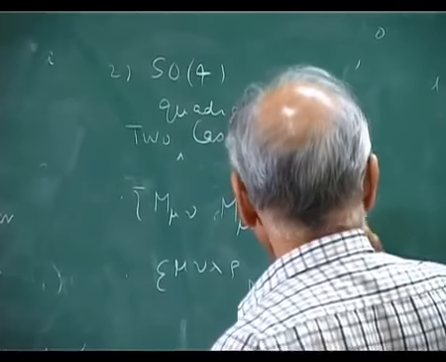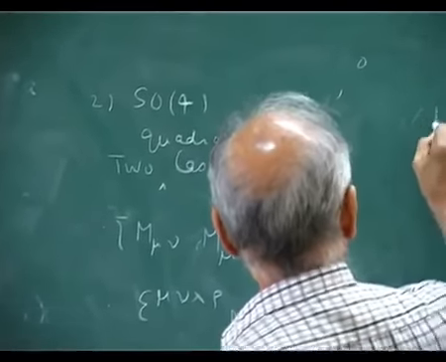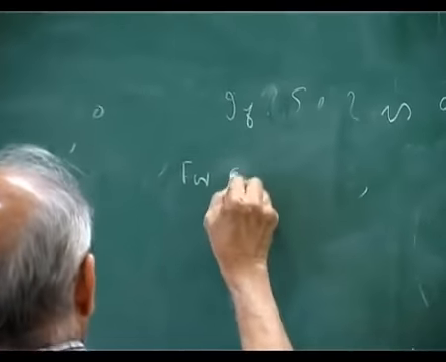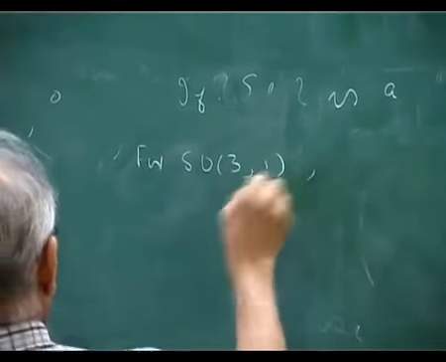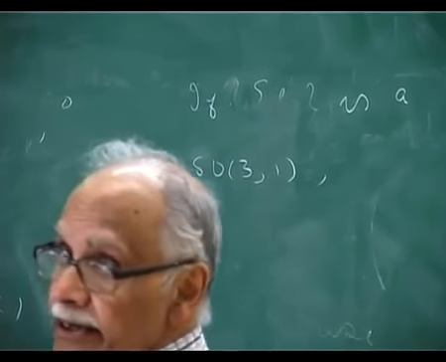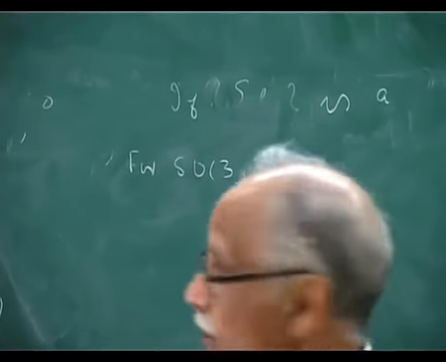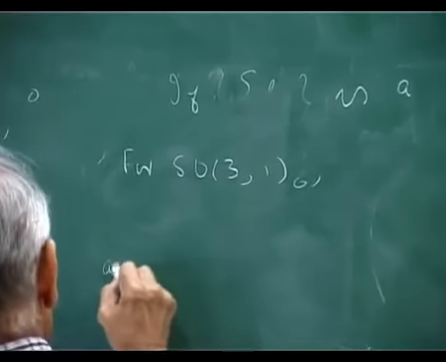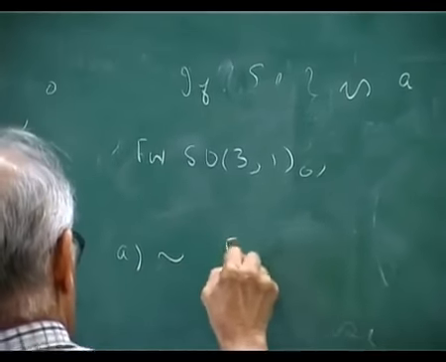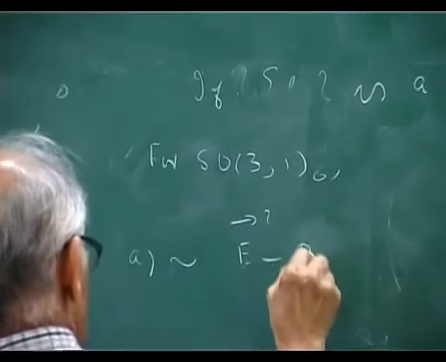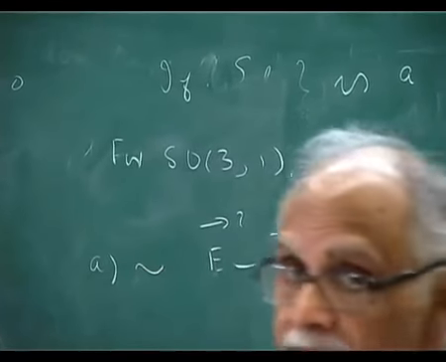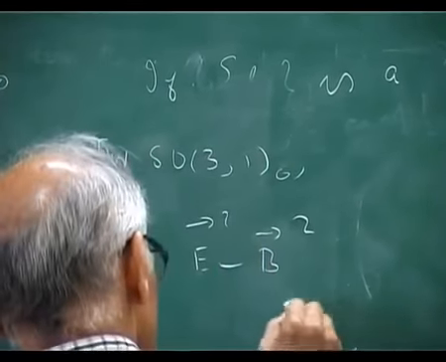In fact, for SO(3,1), this is your Lorentz group, actually the connected component of it, A becomes like electric field squared minus magnetic field squared.